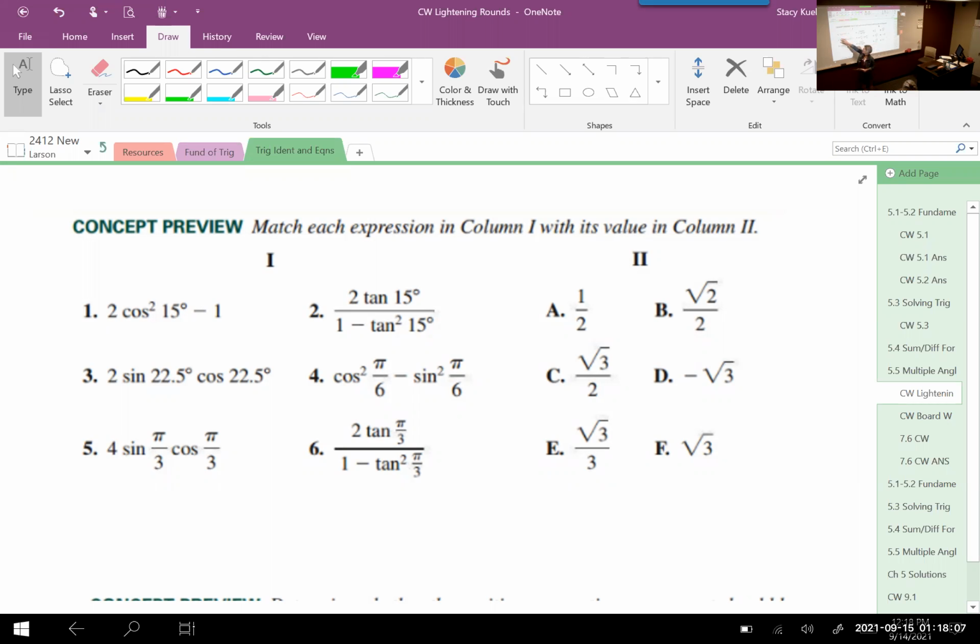What one says 2 cosine squared theta minus 1? One of your identities. Cosine 2, not square.